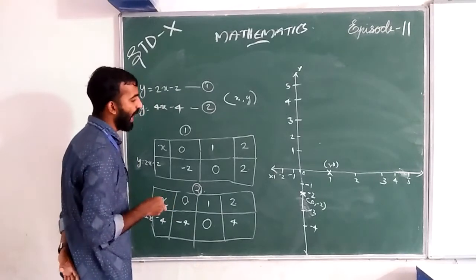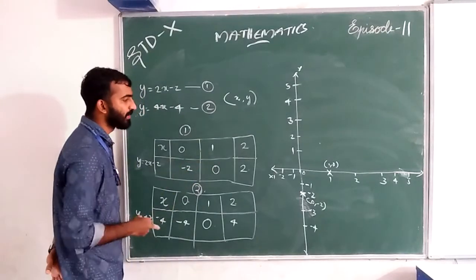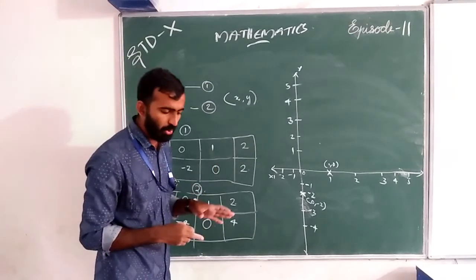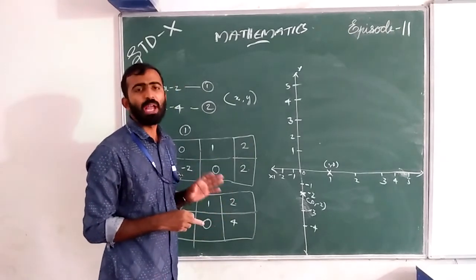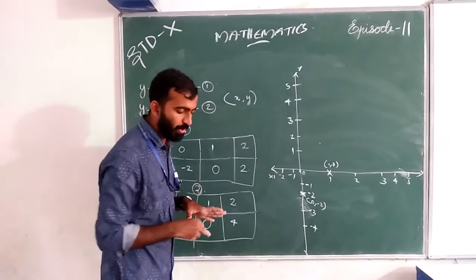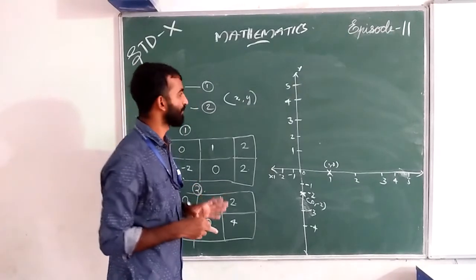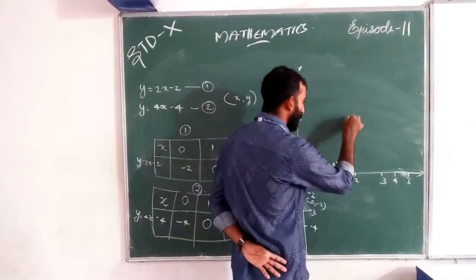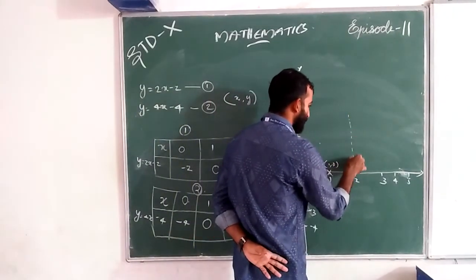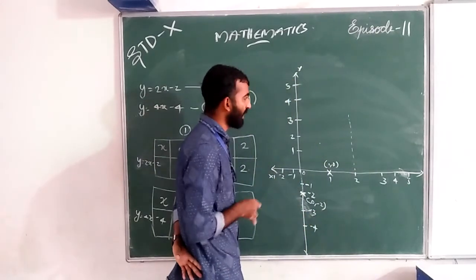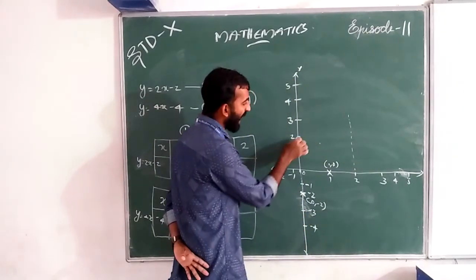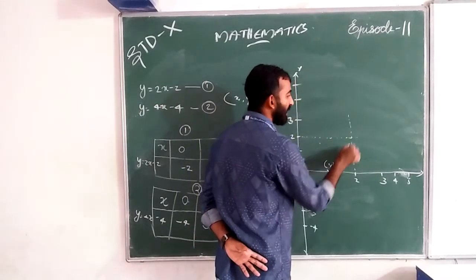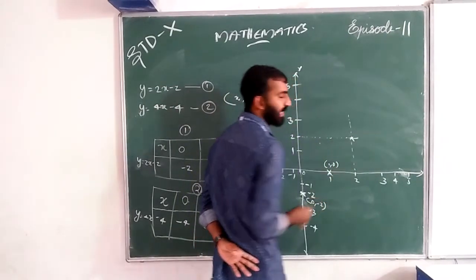Yes. And the next one is 2, 2. That is, x coordinate is 2 and y coordinate is also 2. When we draw a perpendicular line from 2 on the x-axis, and also a perpendicular line from 2 on the y-axis, there is an intersection.